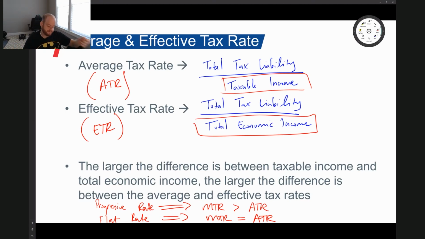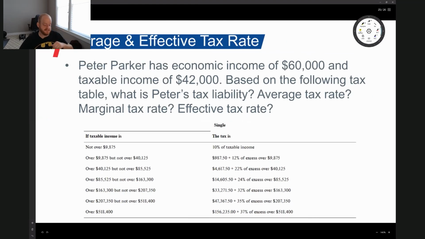All right? So let's get this example. Peter Parker has economic income of $60,000. So this is what his gross income is. And he has taxable income of $42,000. So he has $60,000 of total income, only $42,000 of that income is subject to taxation.